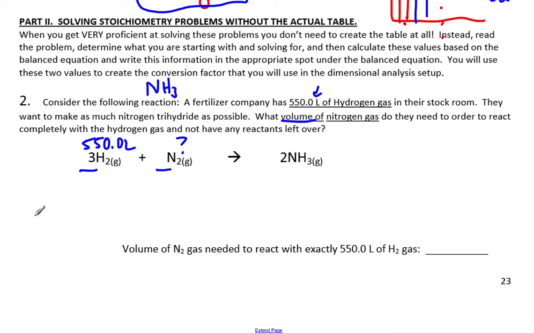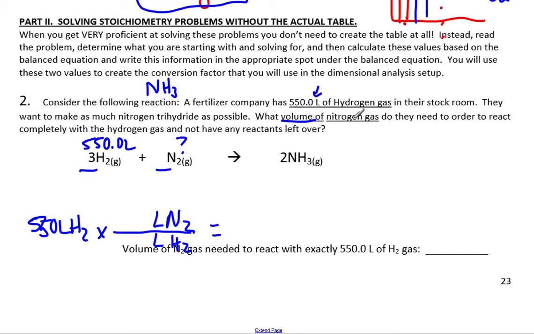So I'm going to start with the number they give to me. 550 liters of hydrogen. I want to cancel out hydrogen, so I'm going to put liters of hydrogen down here, and I'm going to put liters of nitrogen up top because that's what I want to go to. So I just need to worry about what numbers would be here. Now, this is volume.